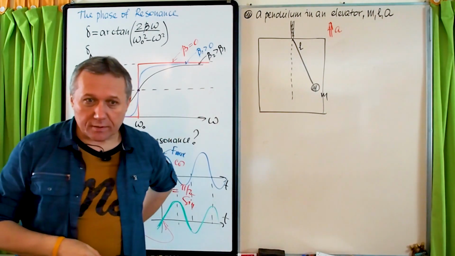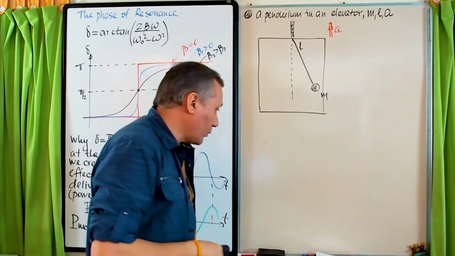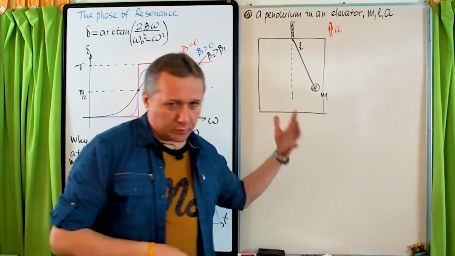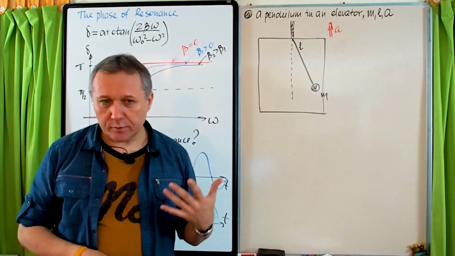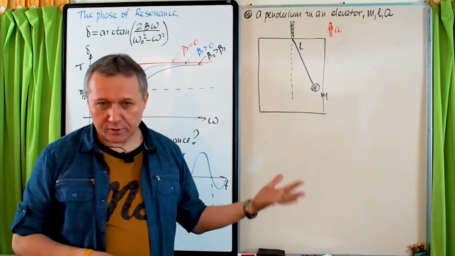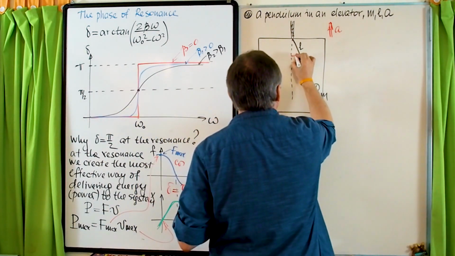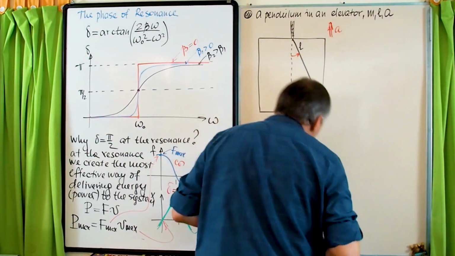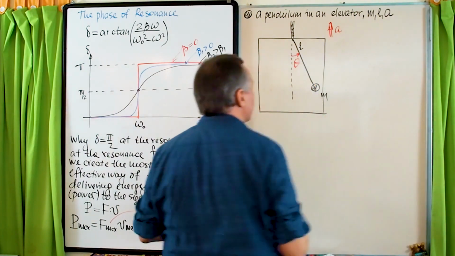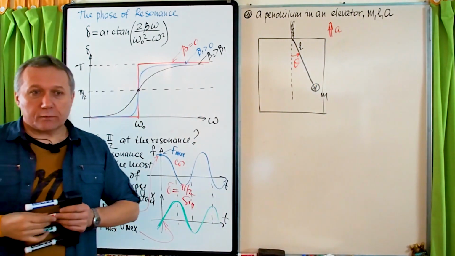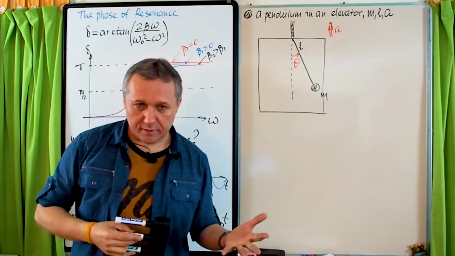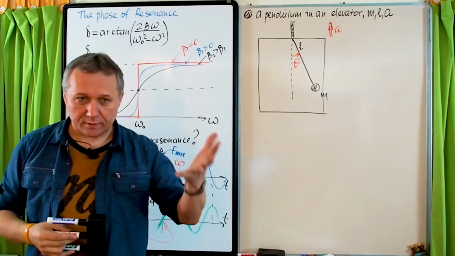So we need to describe this. And of course, we're going to use Newton's second law. And of course, we're going to use polar coordinates, which is the most convenient, right? In order to use that, we're going to introduce this angle, which we label theta. And of course, we're going to use an inertial coordinate system because I'm planning to use Newton's second law.